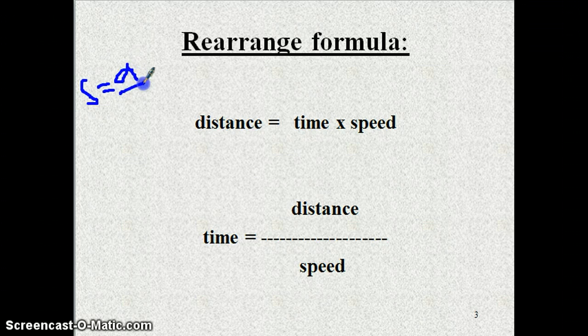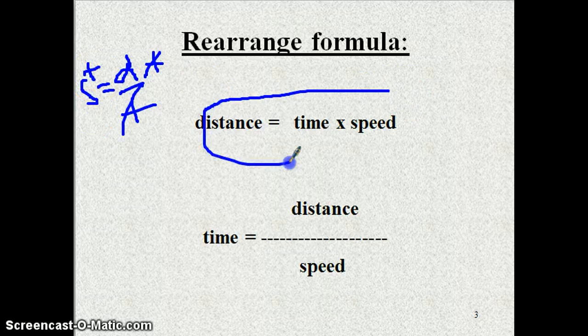I know these letters aren't the greatest, so I'm doing this on my little pad on my laptop. The way that you would get distance by itself is literally multiplying by time on each side. And the reason why you would do that is you want to get rid of the time on this side, and they cancel, and you're left with distance equals speed times time, which we have right here.